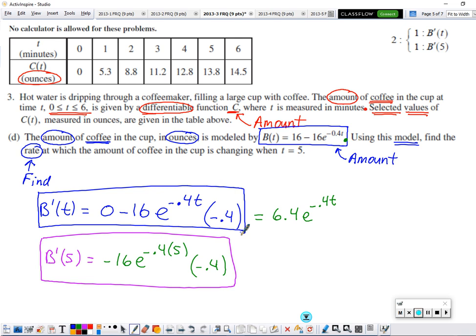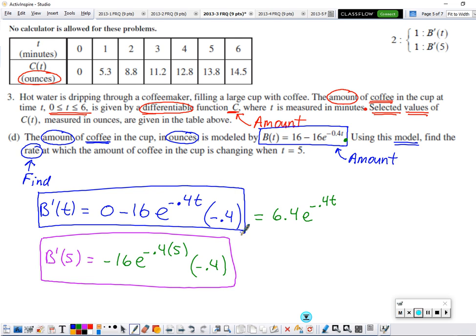Mary? So to find B prime of 5, I approximated C prime of 5, and they come out pretty close. Well, they'll count it wrong. Here's why, Mary. What you did is you used C to approximate B prime of 5.